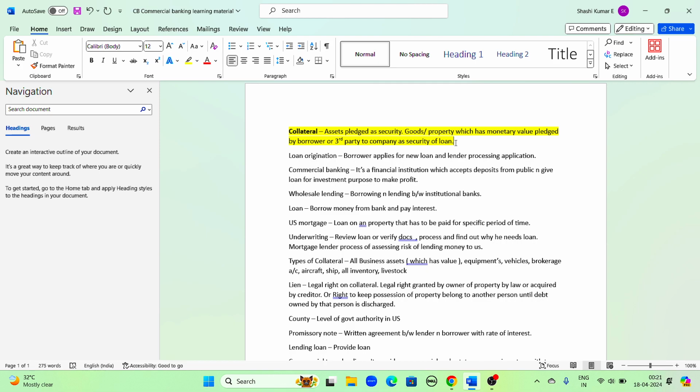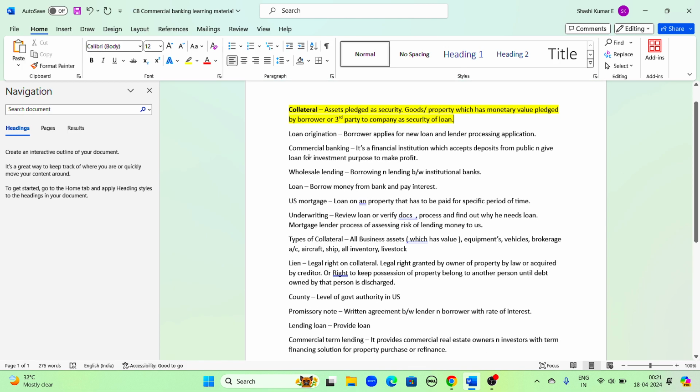So any asset, it can be a property which is being pledged, and it should have a monetary value, that is called collateral. And here I've given a lot of meaning, especially loan origination: the borrower applying for a new loan, and a lender processing the application.